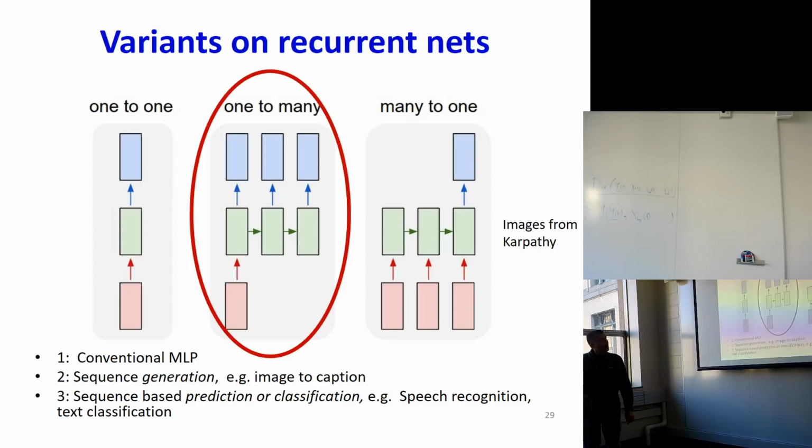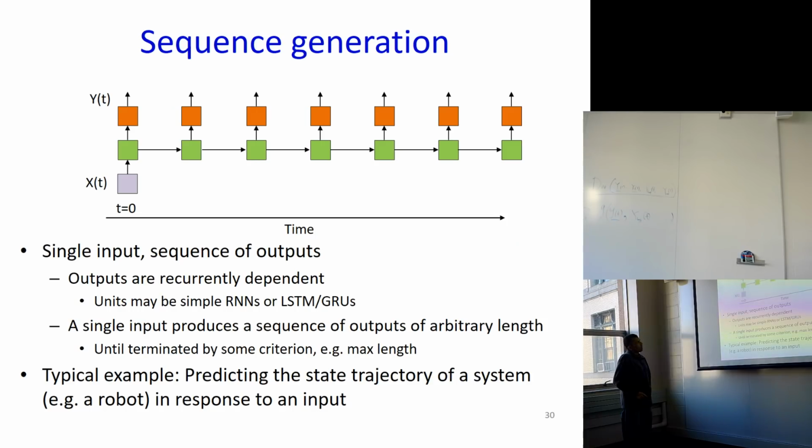Now, but let's then go to the next slightly more complex problem, one-to-many, right? So here, you have a single input, and you're producing a sequence of outputs where the outputs are recurrently dependent. So the output at each time depends on what happened at the previous instant. And the hidden units could be recurrent units, standard perceptrons, LSTM units.